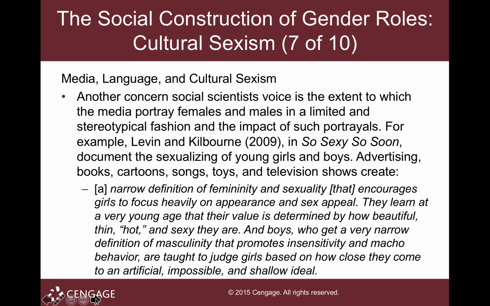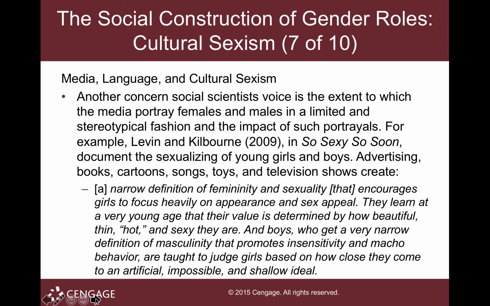So media, language, and cultural sexism. Another concern social scientists voice is the extent to which the media portrays females and males in a limited and stereotypical fashion, and the impact of such portrayals. So, for example, Levin and Kilbourne in So Sexy, So Soon document the sexualization of young girls and boys.